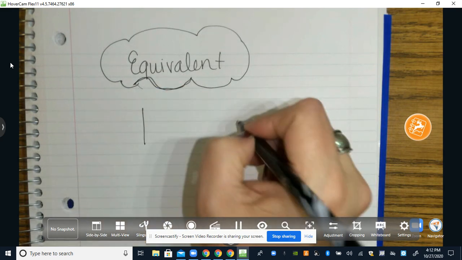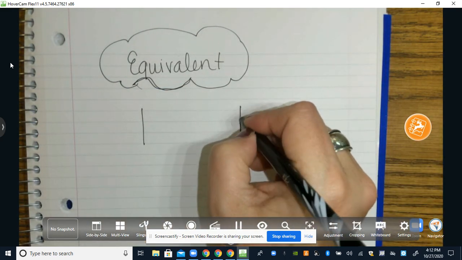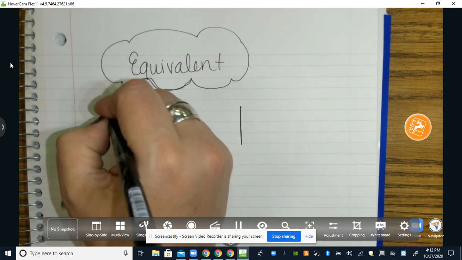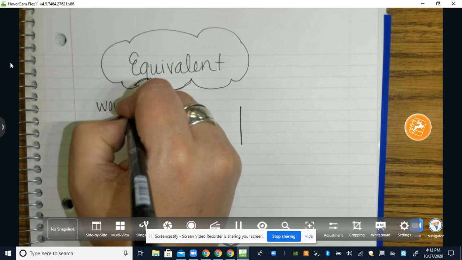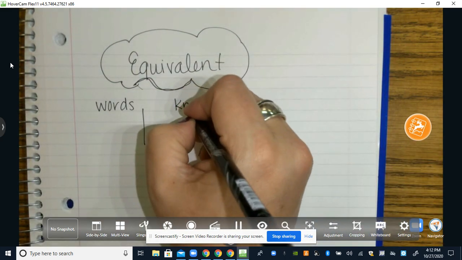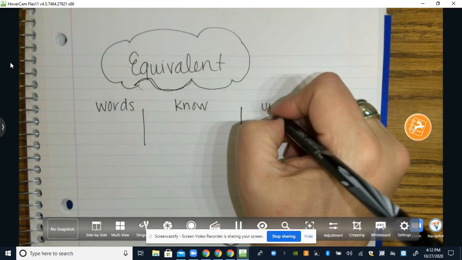So, 2 vertical lines, not that difficult. You're going to set one section of the vertical lines with your words. You're going to set up one of what you know, and you're going to set up another one of what you don't know or what's unknown.